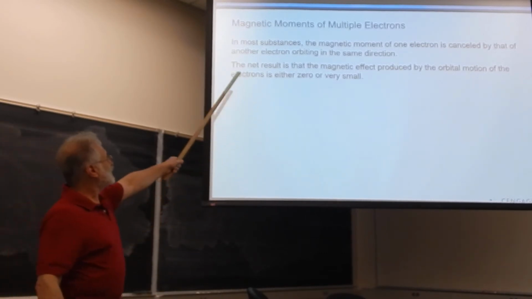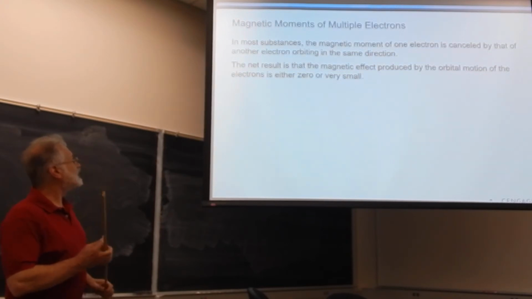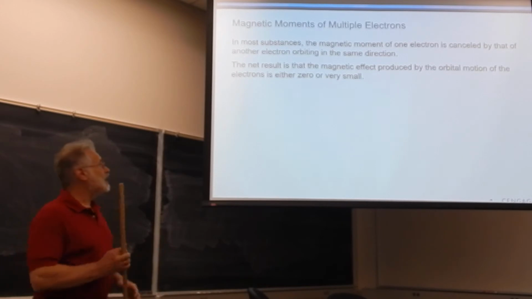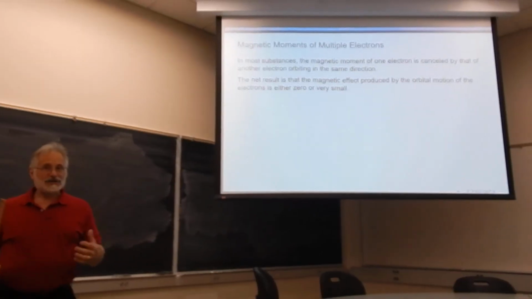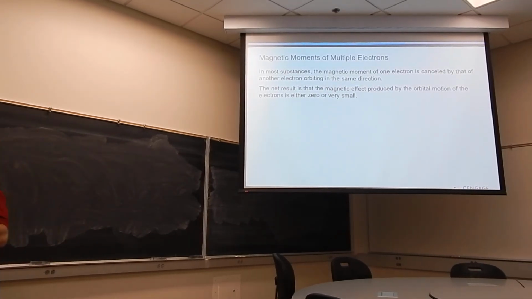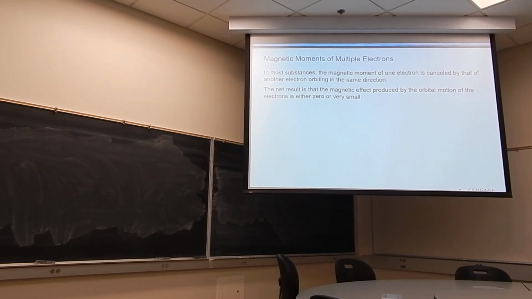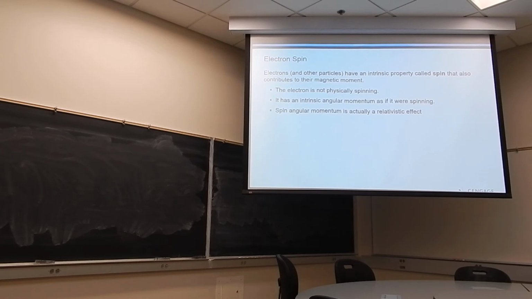So the net magnetic effect of the orbital motion of the electrons is going to be very small, and generally only one electron out of a multitude may have any effect whatsoever. That explains why many materials are not magnetic, whereas other materials are, and really only a small fraction of materials are.